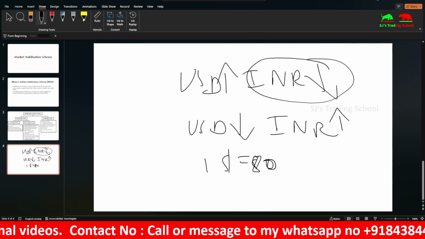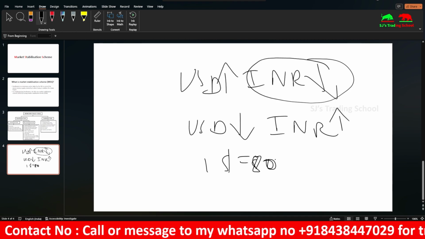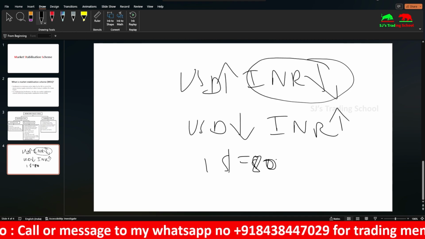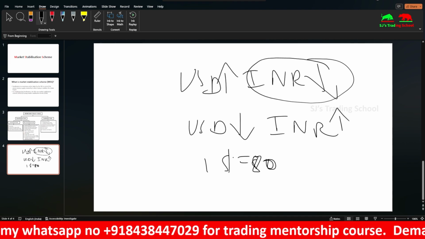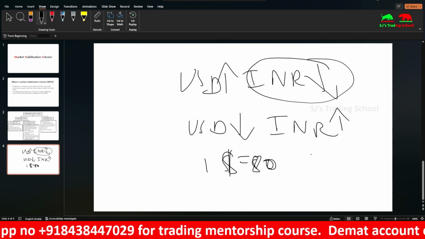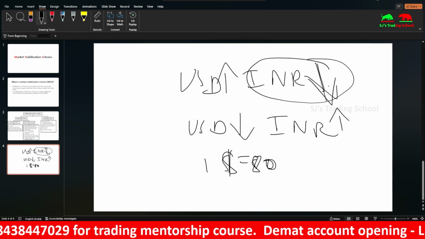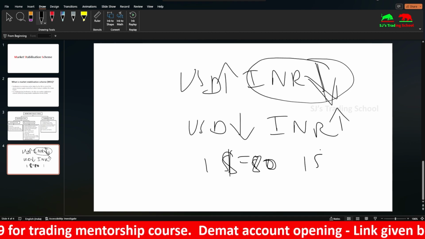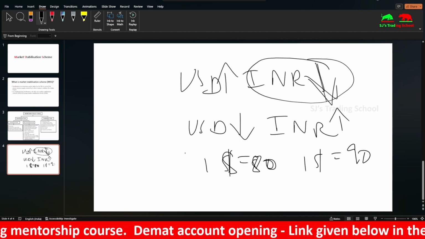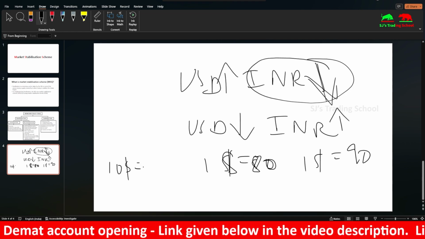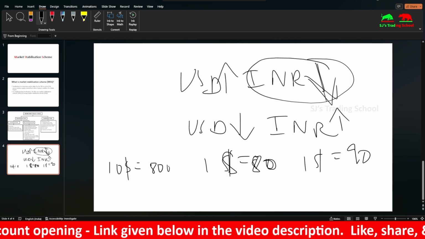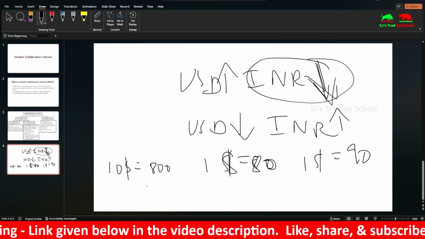If you are buying a laptop from the USA, it will cost you more money. If our Indian rupee depreciates and $1 is equal to 90 rupees, then if you are buying goods worth $10 from the USA, before depreciating it is 800, but after depreciating it is 900 for you.